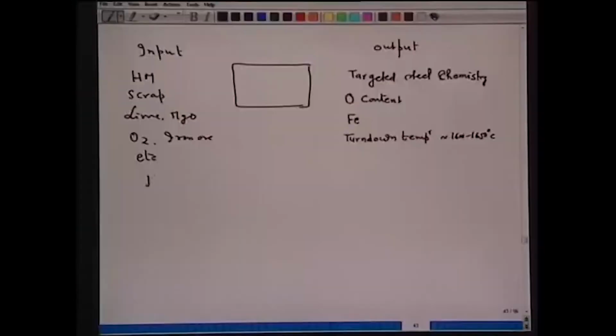Now, in order to control all these processes, how are they controlled? First, they are controlled by lance profile, then by oxygen flow rate, then bottom flow rate.